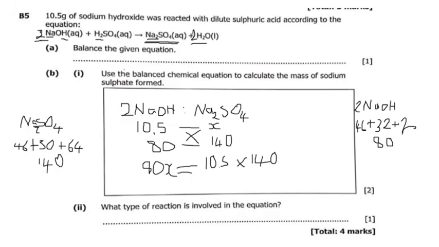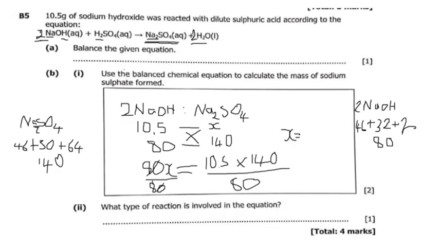Since we are looking for x in this case, we are going to divide both sides by 80 so that x remains alone, like that. So the 80 are going to cancel. So when you multiply 10.5 by 140, you're going to divide by 80. So what is our x?